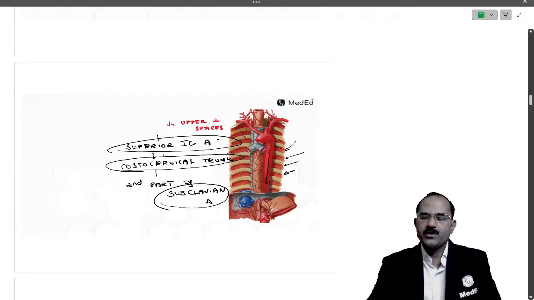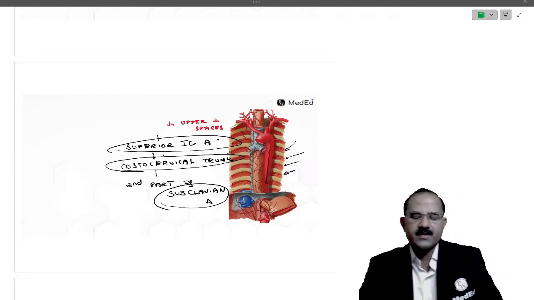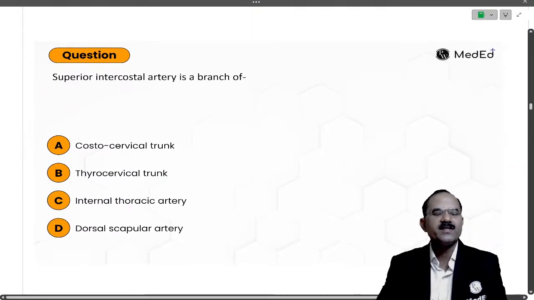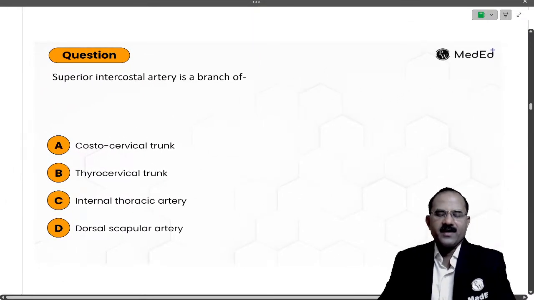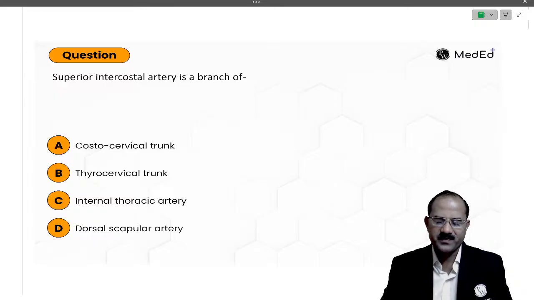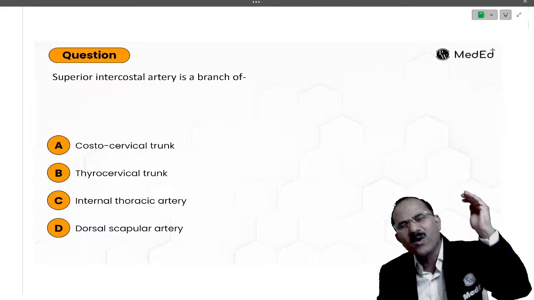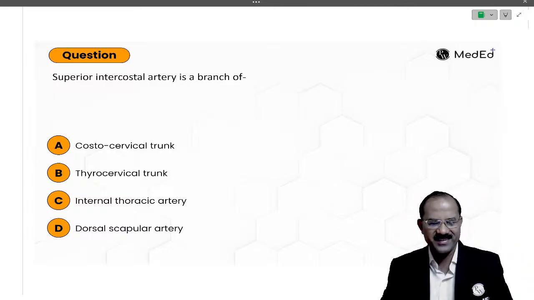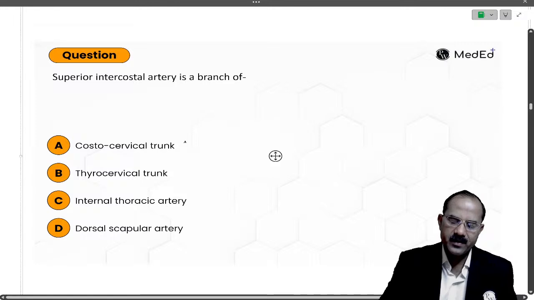Okay, now coming to the intercostal veins. Children, can you answer this MCQ? Superior intercostal artery is a branch of. Now that you know all the options, let us discuss the options too. Costocervical trunk.